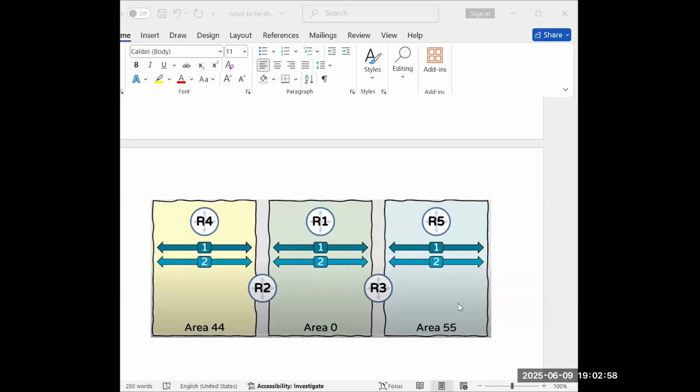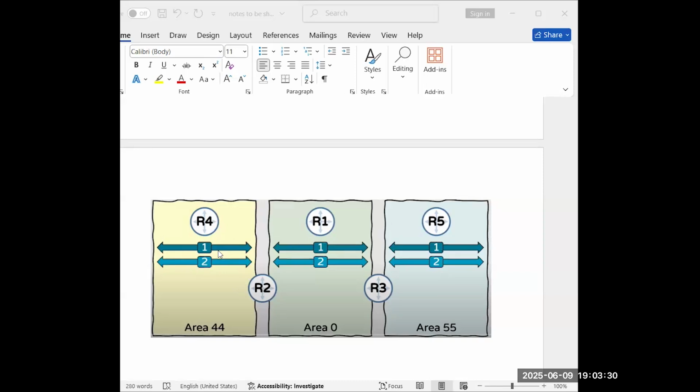So this LSA type 2 packet is not going to cross different areas. It's going to be within the same area only. It cannot understand a different area. So type 1 and type 2 LSA packets are going to be advertised or sent within the same area only.